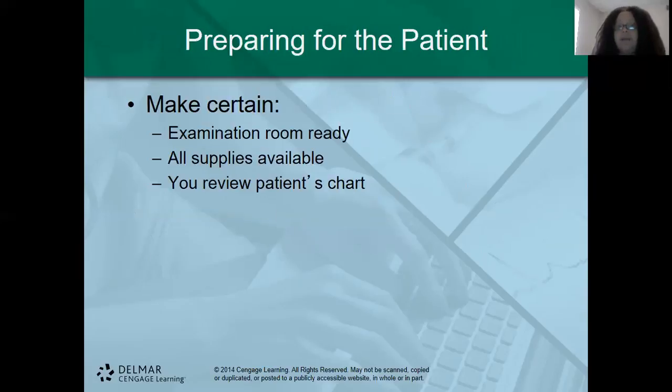So when you prepare your patient, you need to first make certain that the examination room is ready, that it is clean, that the paper was ripped off from the previous patient, and that all the supplies are there. And also, before you even call that patient to the back, you need to make sure that the chart has been reviewed. You don't want to just go out there blindly.